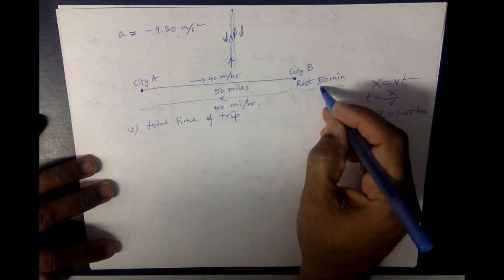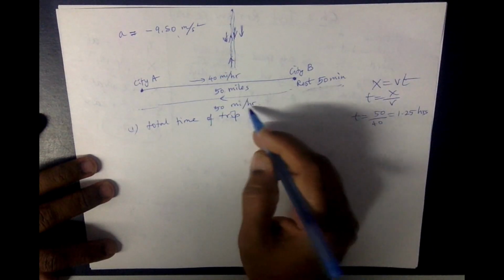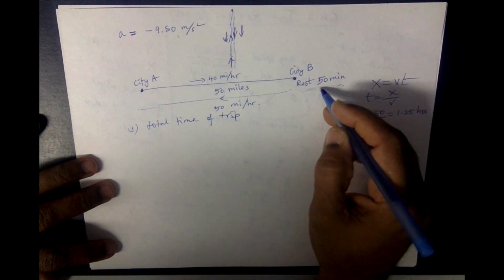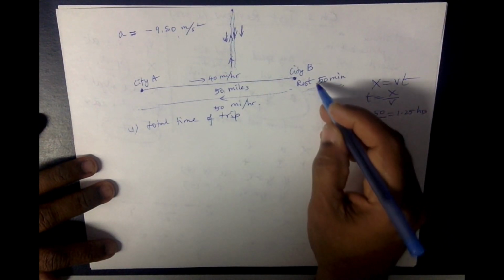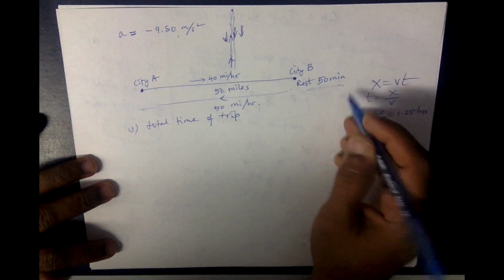And then 50 minutes rest, which is how many hours? You cannot keep minutes here when this is in hours, so we have to change 50 minutes to hours. A common mistake of changing 50 minutes to hours is by just putting a decimal there and saying 0.5 hours. But that is not 0.5 hours.